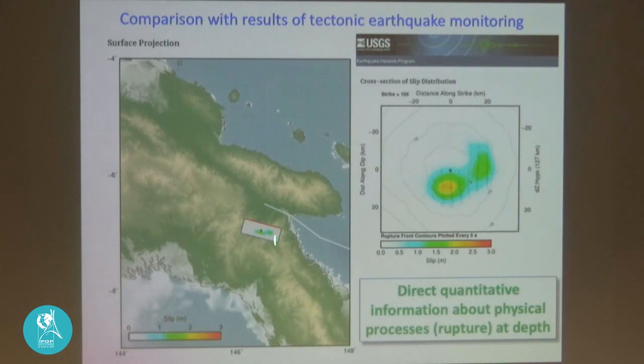Essentially, they show us this picture. They show that somewhere at a depth of more than 100 kilometers, there was such a rupture with such an amount of slip. So you see, this is very direct quantitative information about rupture, much more physically interesting than in the case of volcano monitoring.